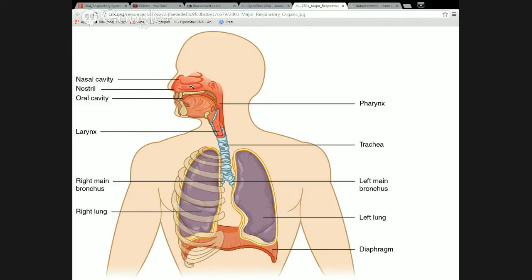The inferior concha is part of the maxillary bone. The middle and superior are part of the ethmoid bone. Then the grooves in between these, or below the inferior one, are called meatuses. So there's the superior, middle, and inferior nasal meatus. And they're on either side of the nasal cavity in the lateral wall.